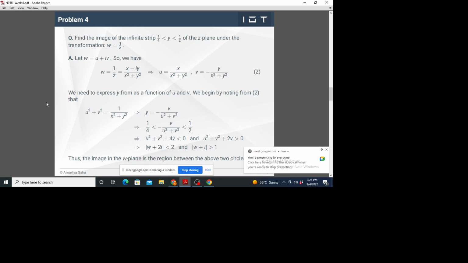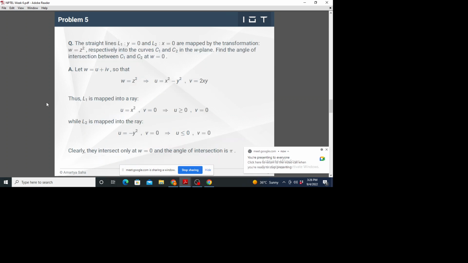So now let us move on to the next problem. Again, a similar concept, but what you have been asked to find is a little different. We are given two straight lines in the z plane.